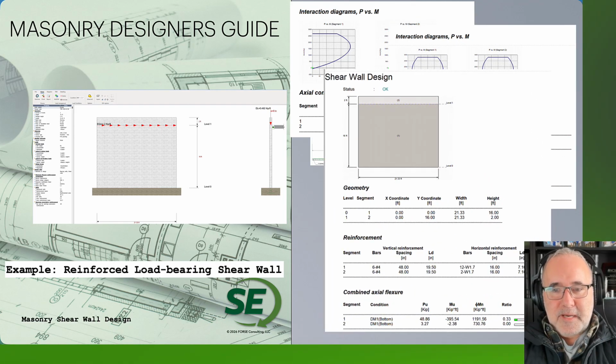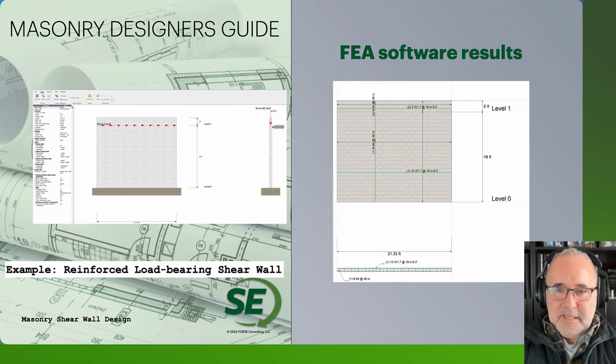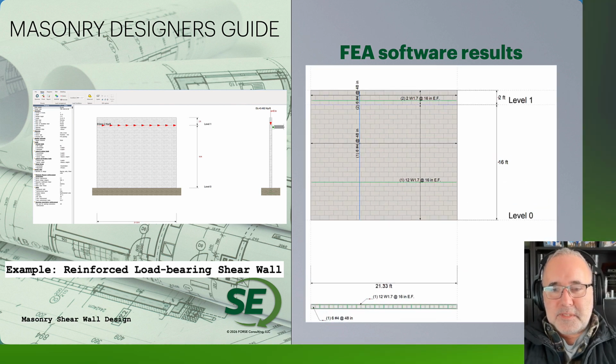It's going to give us a final design capacity status and all the different capacity equations for that design. For that simple shear wall, we also get a detailed elevation for the reinforcement utilized in this design. So, a very simple check for the shear wall as well.